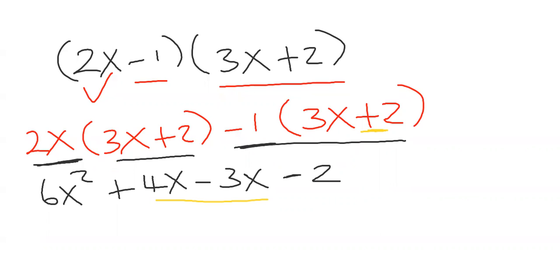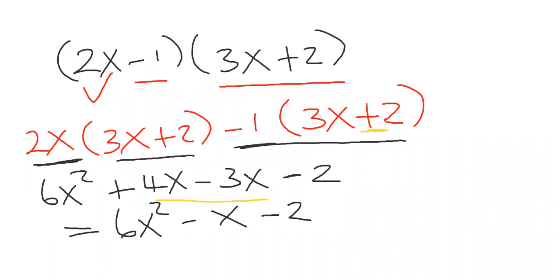They have the same variable. So you have to work them out. And working them out, we are then going to get 6x squared, 4x minus 3x gives us an x, then minus 2. So that's our final answer.